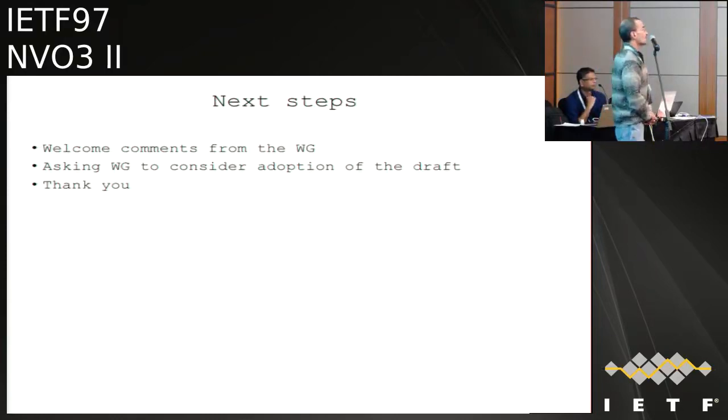Yes, as I mentioned, we do have two other informational documents, one of them being requirements, and another a gap analysis that addresses use cases and scenarios from all three technologies, NVO3, SFC, and BIER.